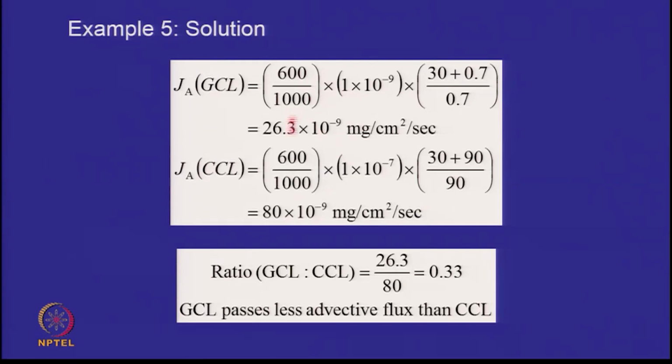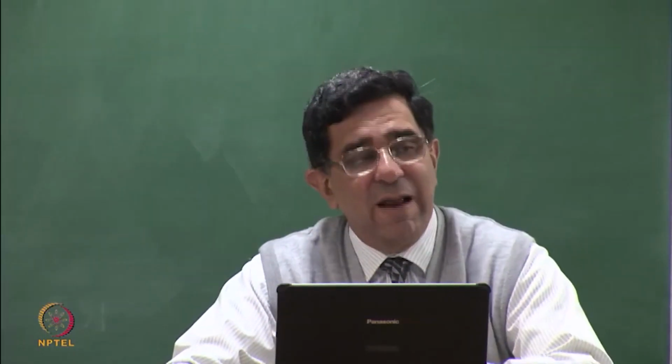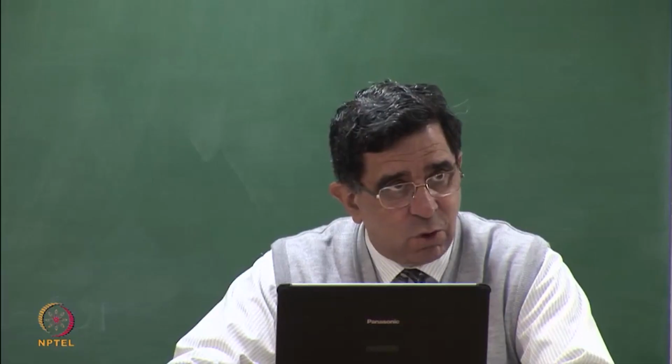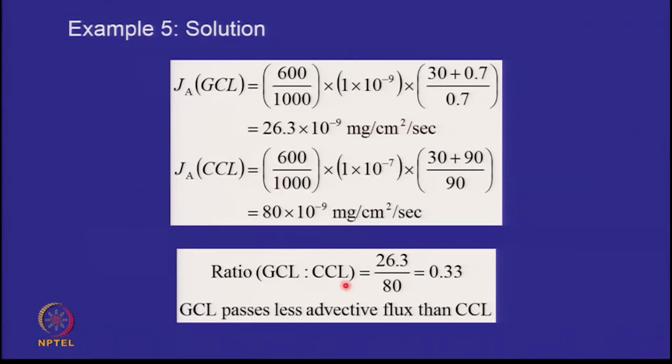Which is transmitting more? Compacted clay liner is transmitting more. So GCL is better because we want less mass flux. We want less chlorides to flow out. So this shows that the ratio of GCL to CCL is 0.33, which is less than 1. Therefore, the geosynthetic clay liner passes less advective flux than CCL.